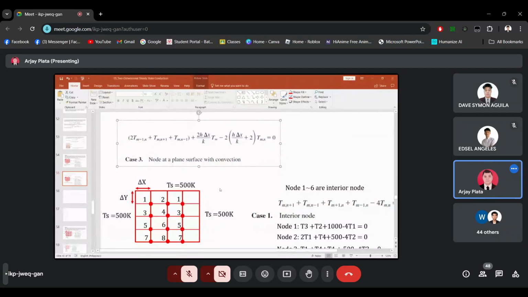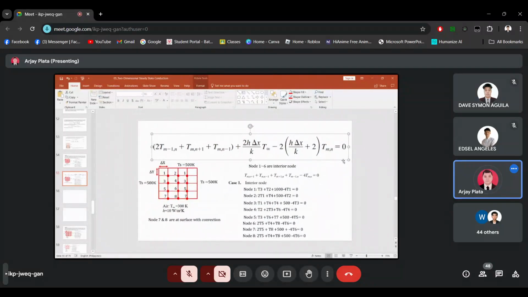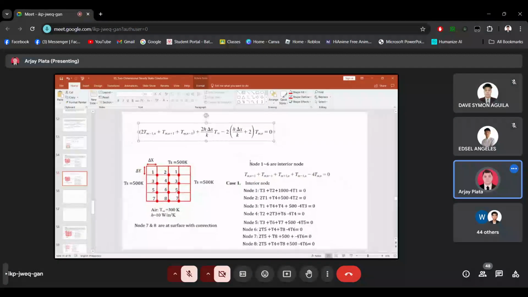So the value of 2h delta x times T infinity: 2h delta x over k is 2 times 10, h is 10, delta x is 0.25, and k equals 1.0 watt per meter Kelvin.